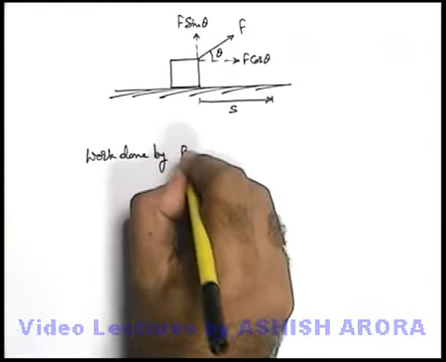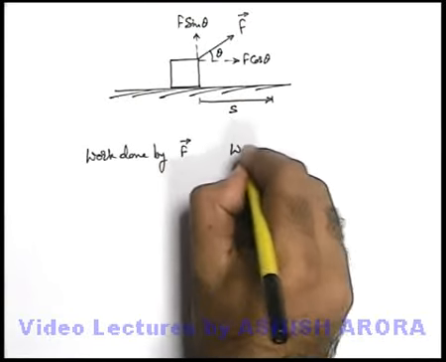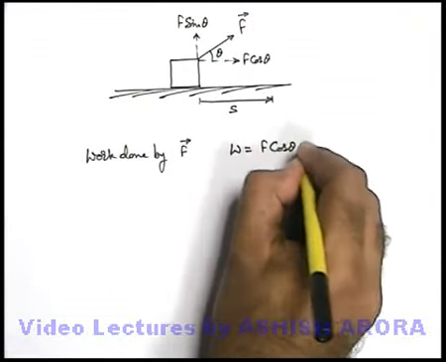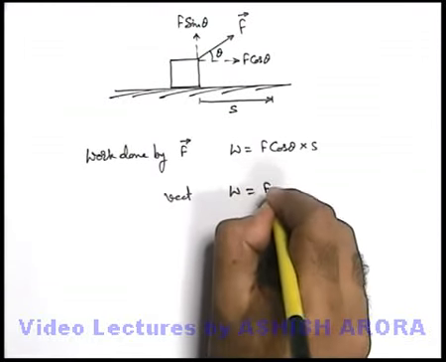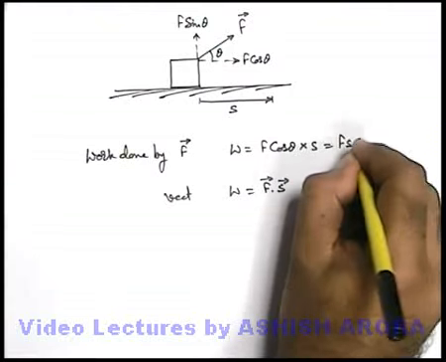Here, if we calculate the work done by this force vector, we can write it as F cos theta multiplied by the displacement. Or vectorially, we can write W equals F dot S, which is Fs cos theta.